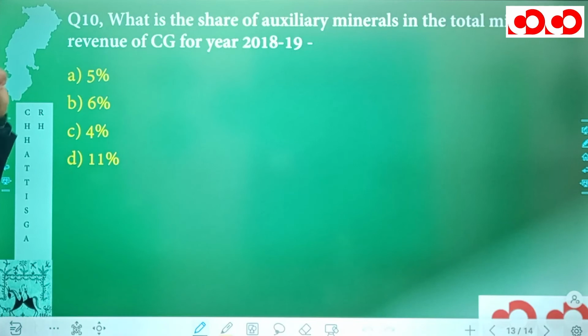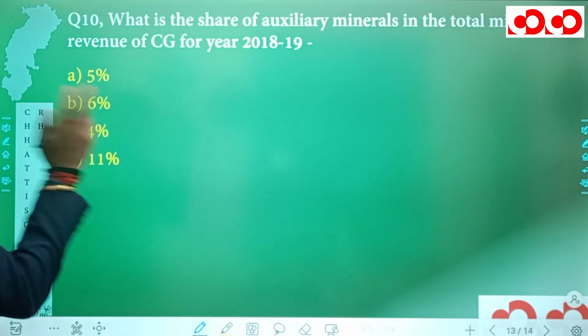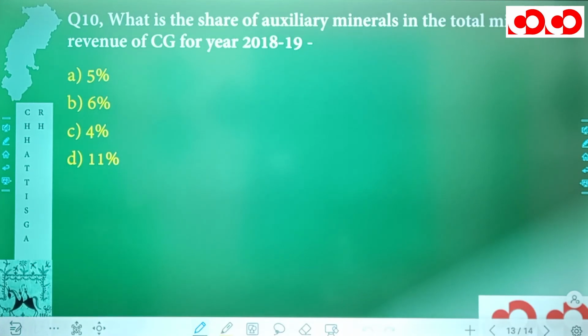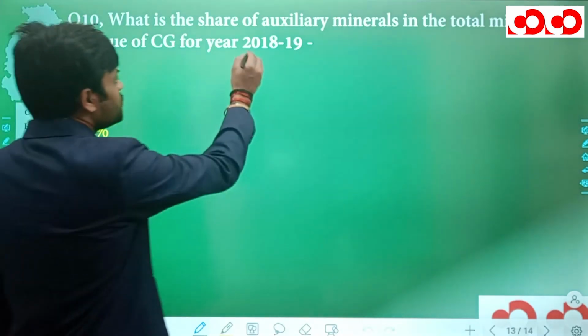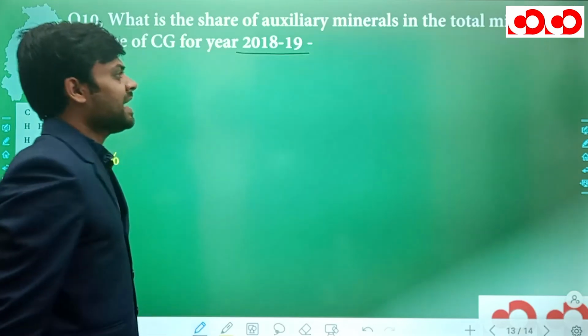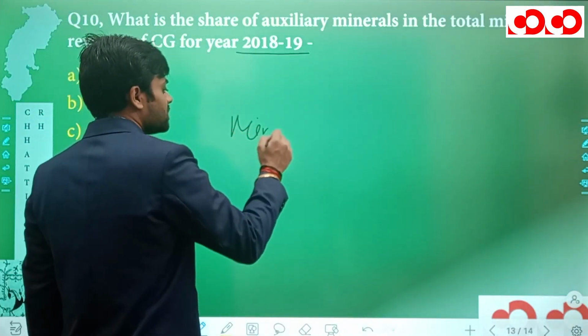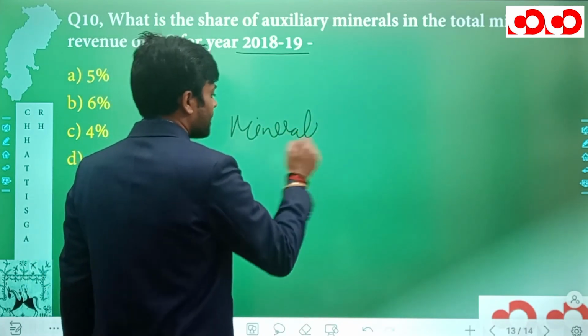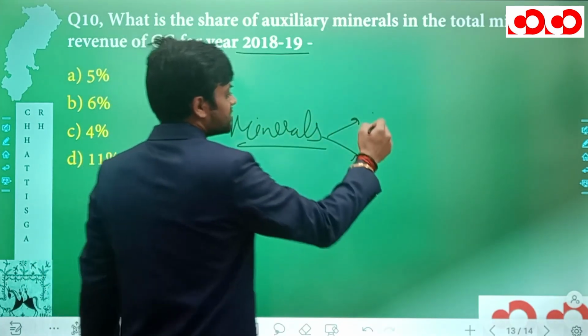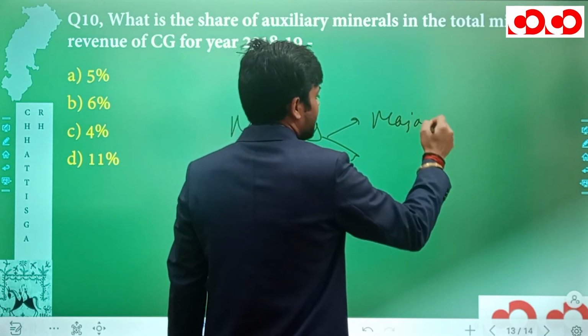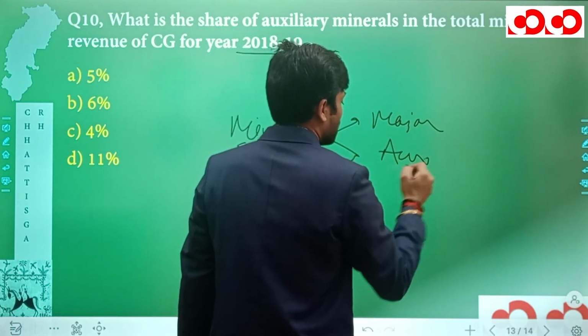Now what is the share of auxiliary minerals in the total mineral revenue of Chhattisgarh for the year 2018-19? Now let me tell you, minerals are divided into 2 categories. One is major and second is auxiliary.